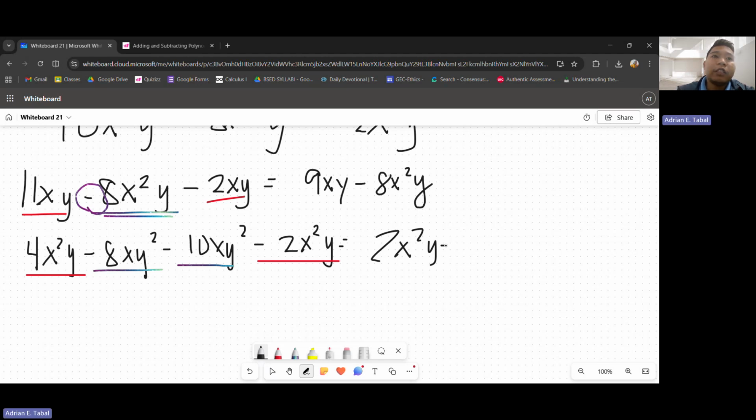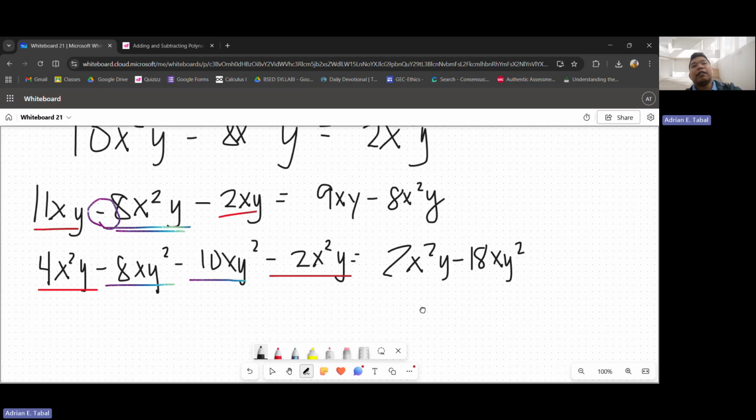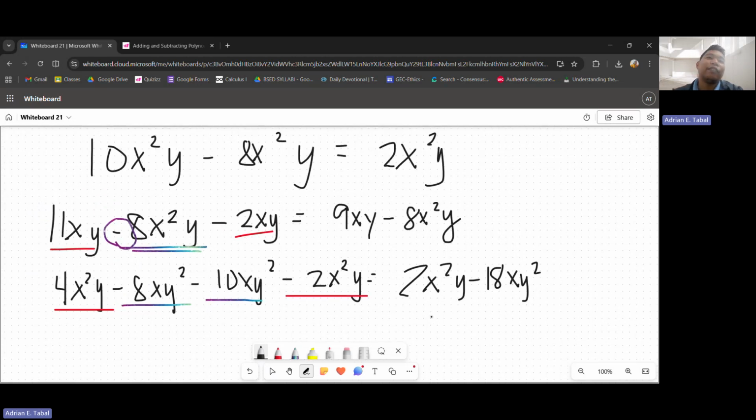Using your calculator, that is negative 18, copy xy squared. Can they be swapped, sir? Yes, still okay, since we are not strict about the standard form. That is how you add and subtract polynomials.